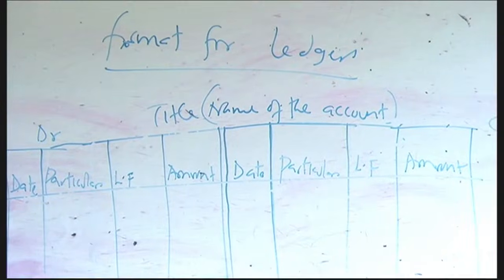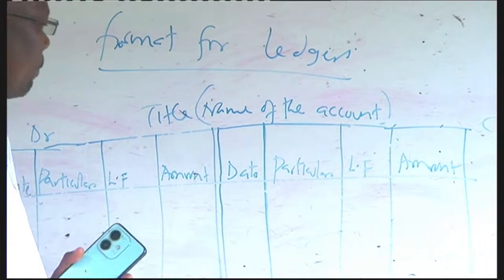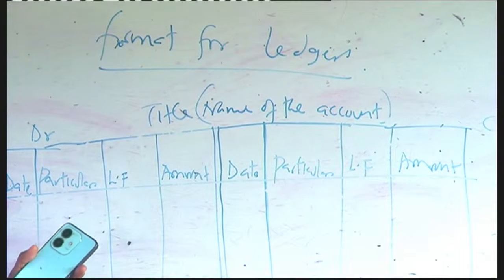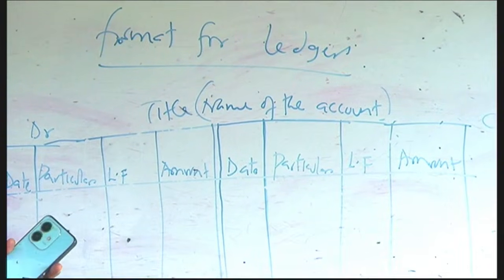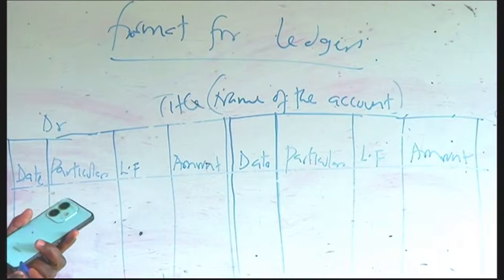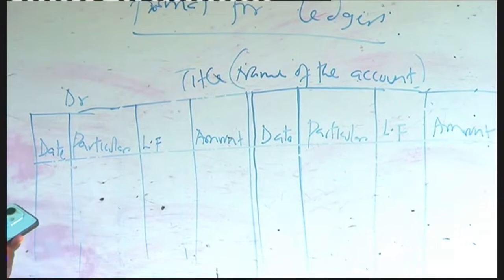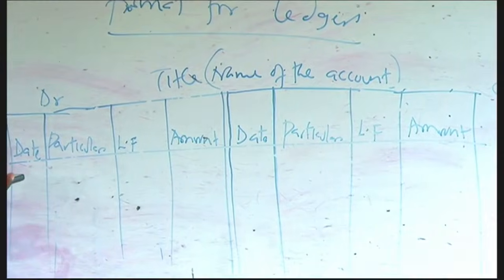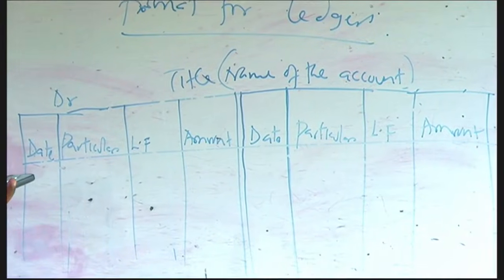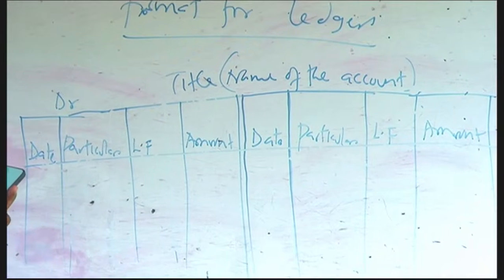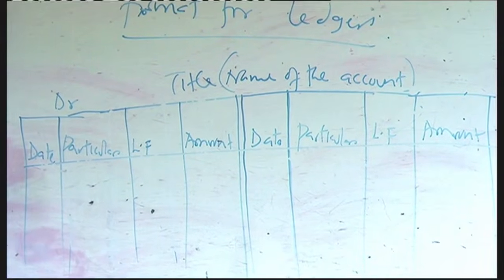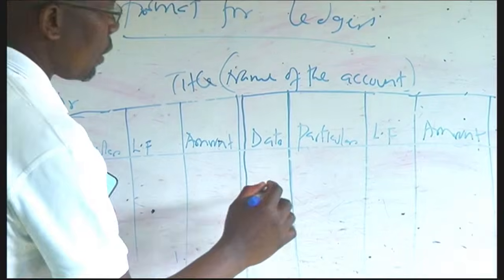Now you can do that even to the credit side. For example, when cash is used to buy a given item, for example, ABC Limited bought furniture in cash, then that amount is reducing cash in the business, and therefore it is credited.